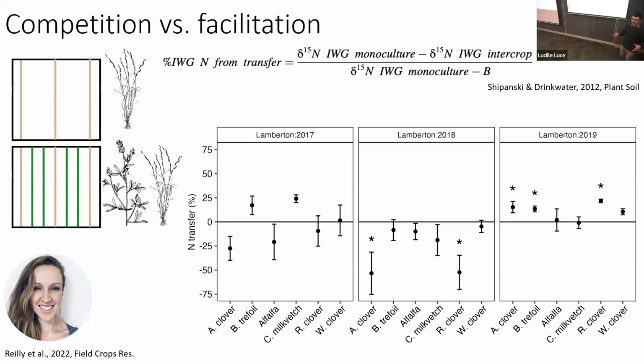She's a soil ecologist, and they did this work tracking nitrogen transfer using natural abundance of nitrogen isotopes. And any asterisk here indicates a situation where there was a statistically significant difference in nitrogen transfer from 0. So here, none of these are statistically significant. We didn't actually see a transfer until the 3rd year at this site, and only with 3 of these species.